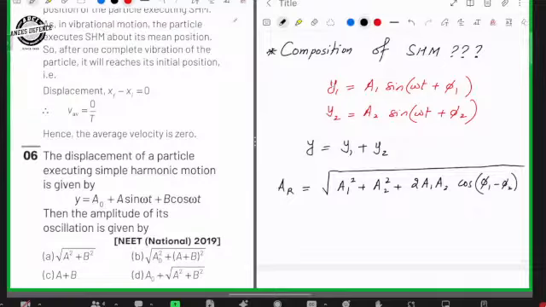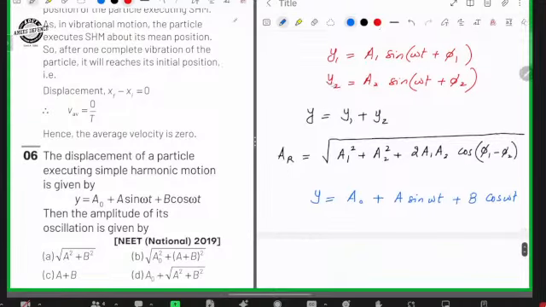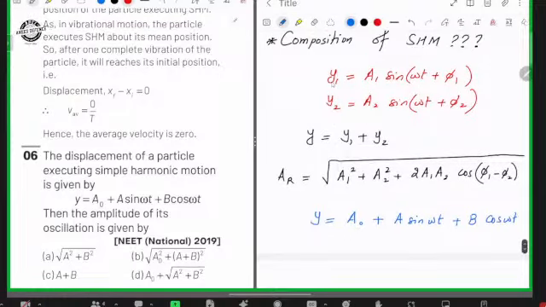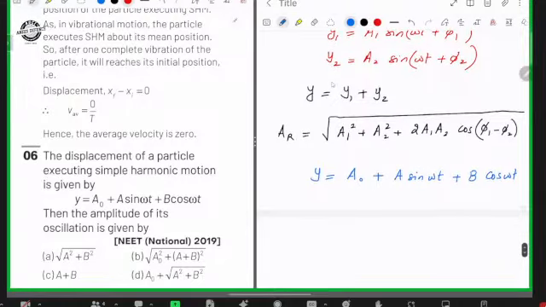Now you can look at the equation. What is given here is A naught plus A sin omega t plus B cos omega t. Now we have to modify the equation because our function must always be in terms of sine. So y equals A naught plus A sin omega t plus B cos omega t.